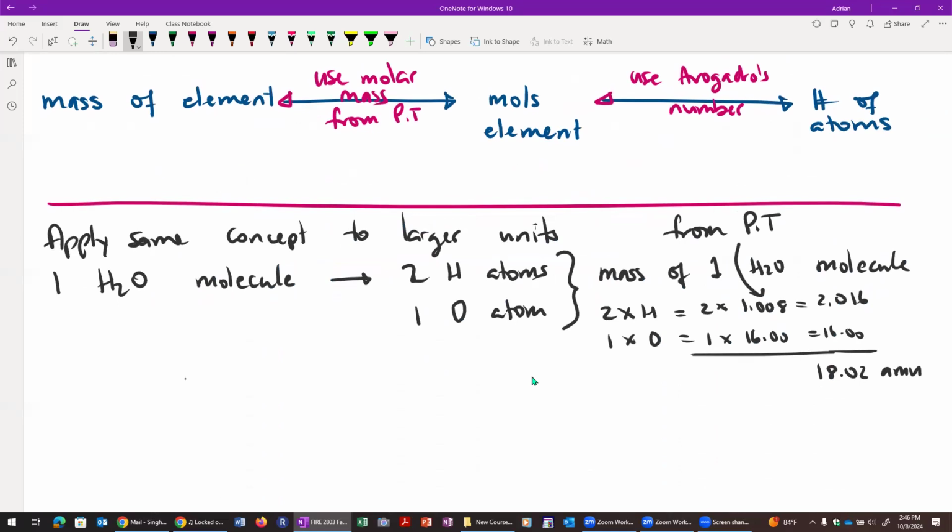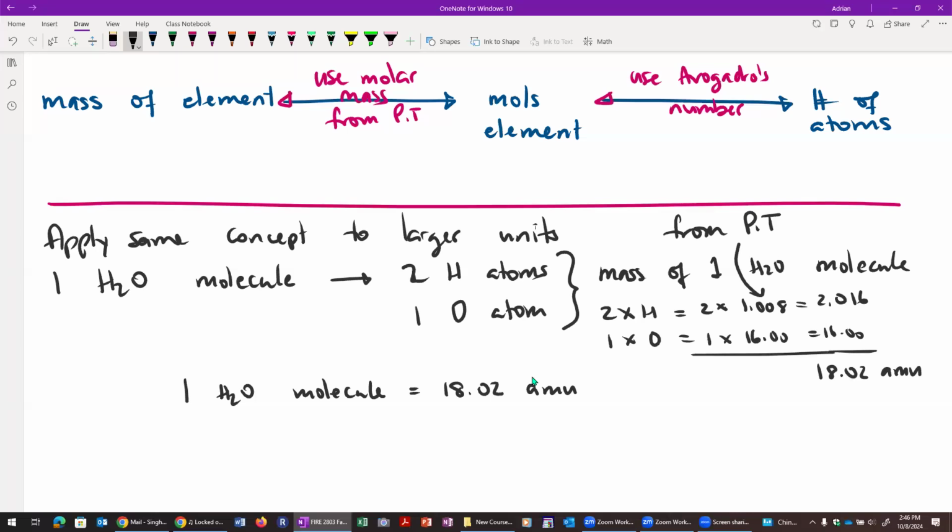So one H2O molecule, if you were so inclined, and if you had the right tools, you could possibly, with a lot of effort and expenditure of energy, measure out the mass of a water molecule as 18.02 atomic mass units.